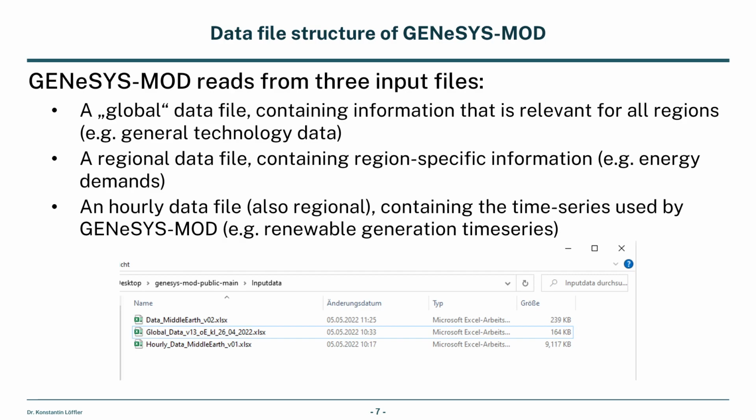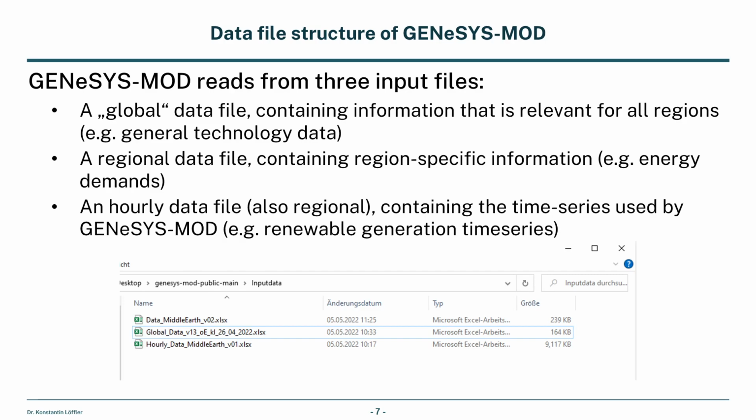And then we have an hourly data file that is also essentially a regional file that contains all the time series used by GENeSYS-MOD. So, for example, all the renewable generation time series or the load curves. So demand time series essentially as well. This file is usually then by far the largest, which is why it's also split up into these different files essentially to make handling a little bit easier.